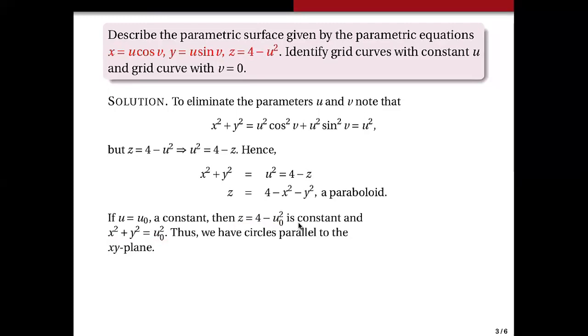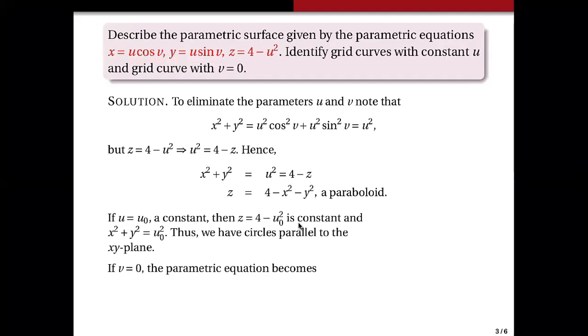We have circles parallel to the xy plane. On the other hand, if v equals 0, what happens? Sine v becomes 0, and cosine 0 is just 1.